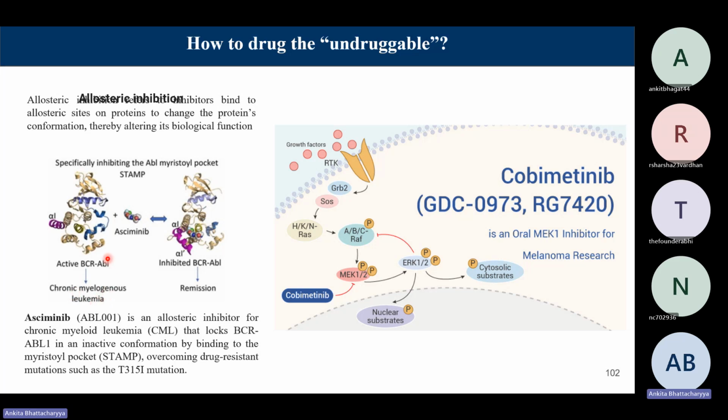What you see with it is the addition of asciminib, which is ABL001, an allosteric inhibitor often used for CML patients. What does it do? It locks the BCR-ABL1 fusion protein in an inactive state by binding to the myristoyl pocket, known as STAMP. It helps overcome drug-resistant mutations such as the T315I mutation, which is a threonine to isoleucine mutation.